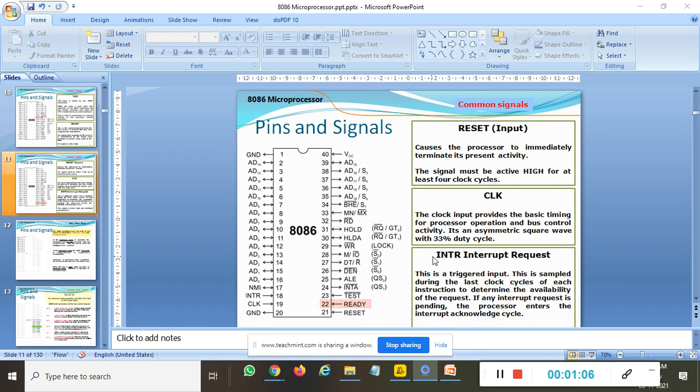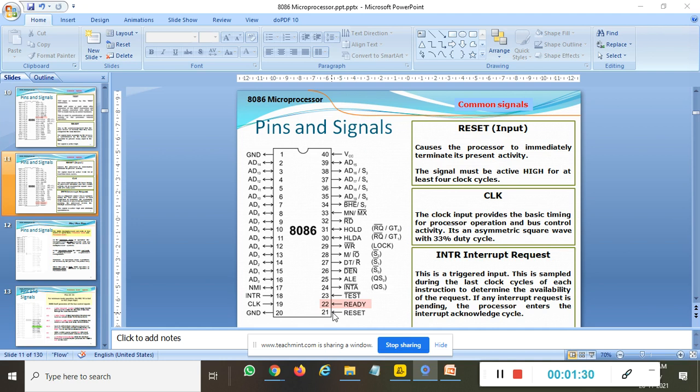Last class I discussed the pins and signals of the 8085 microprocessor, including the test and ready pins, and today I am starting from the reset. Reset is pin number 21.